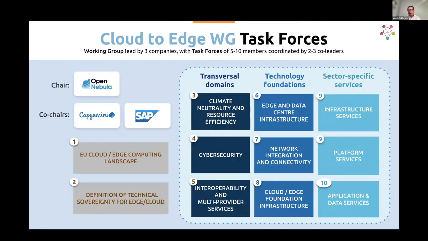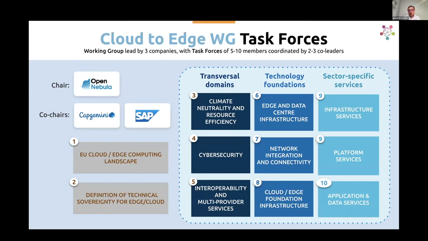The working group is organized in different task forces. Right now, there are 10 different task forces. Each task force has 2-3 leaders and between 5 to 10 members. We have 2 task forces that are general. One is about the edge computing landscape in Europe, mostly about open source projects and initiatives, the standard bodies and business models.